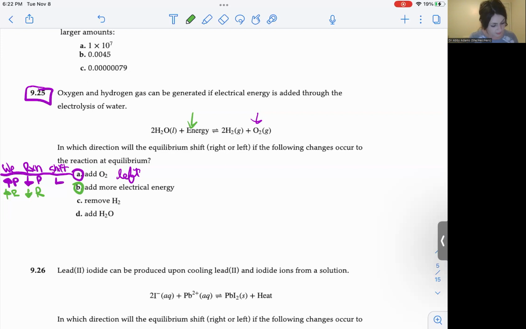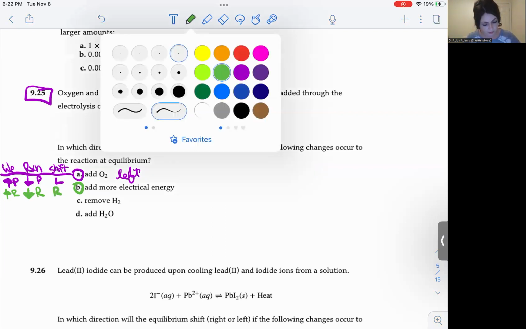So the reaction is going to want the reactants to go down, basically. So the products would be going up. So then you're going to shift to the right.